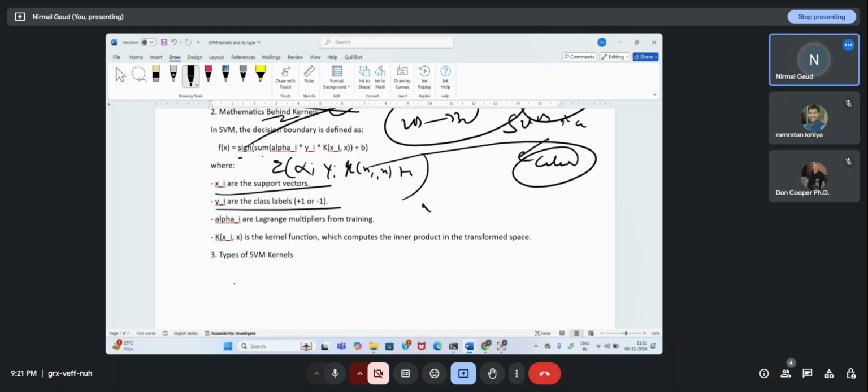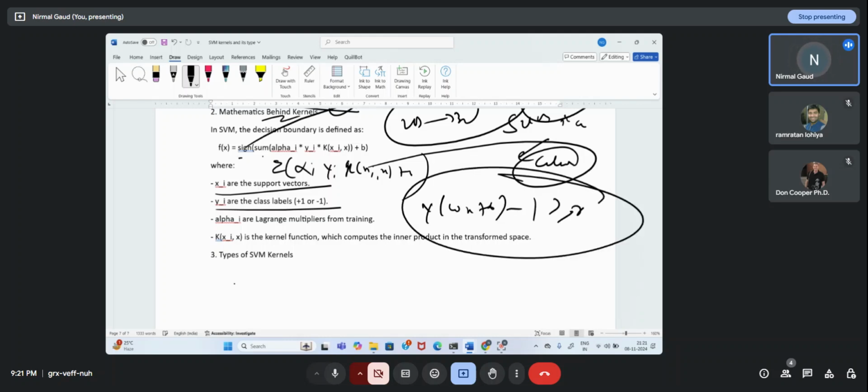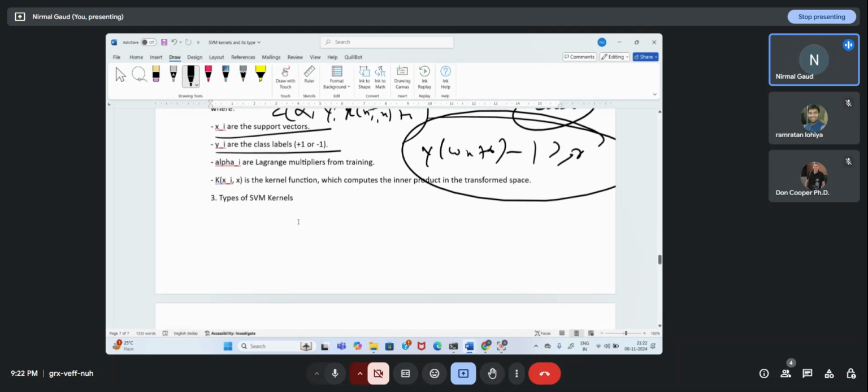You have already seen y(wx + b) - 1 greater than or equal to 0; this is your constraint equation. Alpha is the Lagrange multiplier, you can take it as lambda, and K(x_i, x) is a kernel function that computes the inner product.